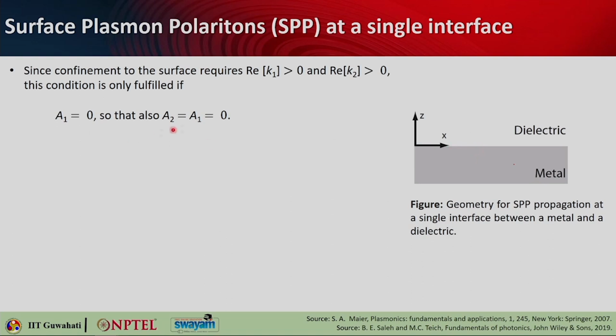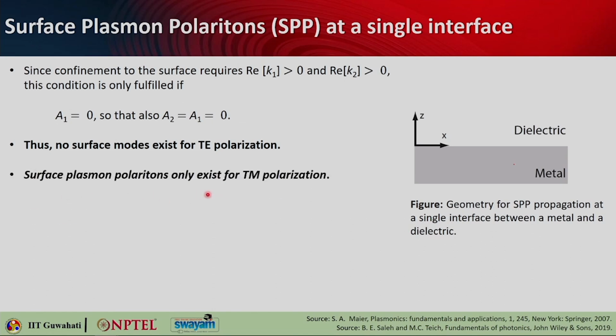So this condition can only be fulfilled if A1 is 0, and if A1 is 0, A2 also becomes 0. That means there will be no amplitude possible when you are considering the TE polarization. It means no surface modes can exist for TE polarization. So in simple words, we can say that SPPs are only TM polarized waves.